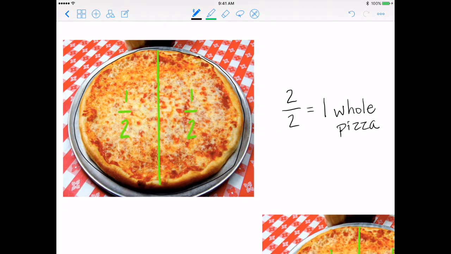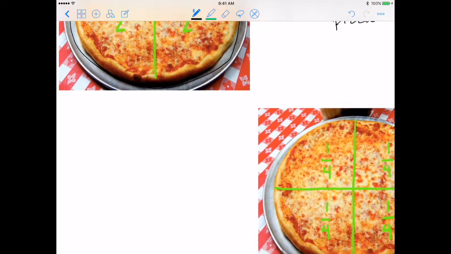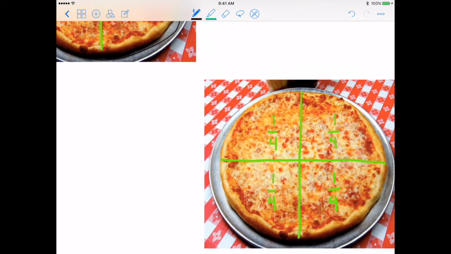Now, if we look down to the next image, I divided my pizza into 4ths. So again, I have the same whole pizza, but this time I did 1, 2, 3, 4. So I split it into 4ths.